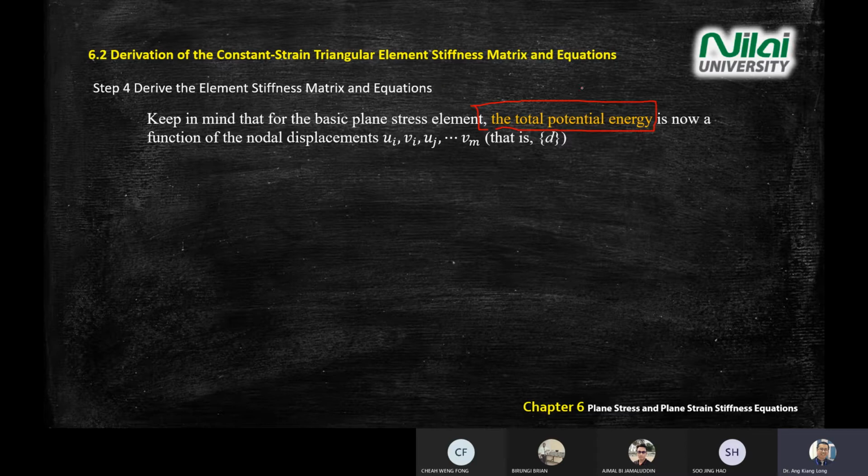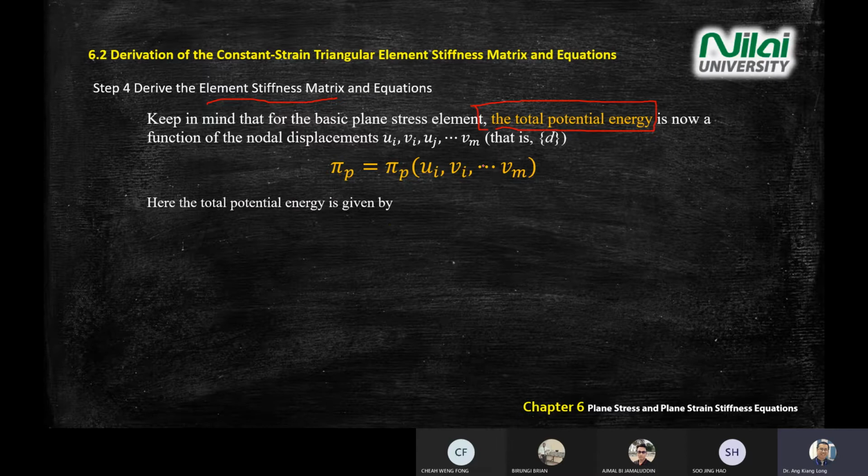For chapter 6, potential energy is our key point when we come to the element stiffness matrix. The potential energy, which we denote as pi p, consists of all the displacements inside the system.